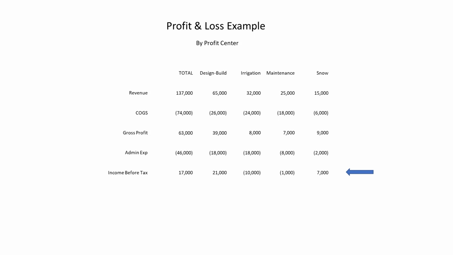Are administrative expenses too high for that particular service? Are we pricing too low? Is the volume too low? What's going on there? But either way, you can see the huge difference it makes and how much more actionable the information is if you view it at the right level.